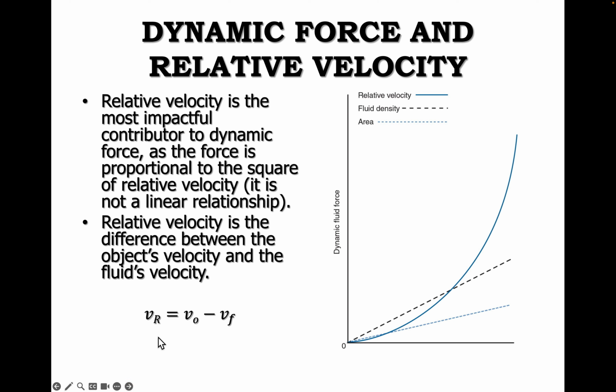So you have to take into account the speed at which the air is coming at you and the speed at which you throw that object into the wind. Or maybe the wind, instead of coming at you, was coming from behind. You would take the velocity of the football and the velocity of the wind coming from behind you, and use that to calculate what your relative velocity is going to be.